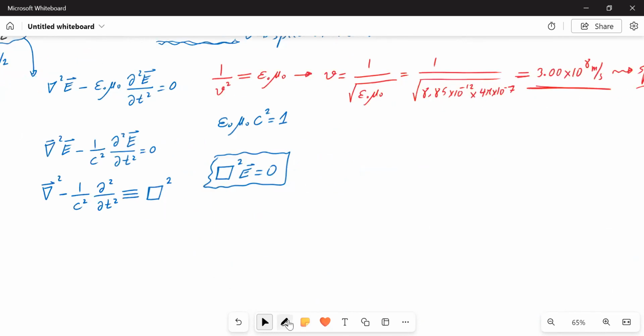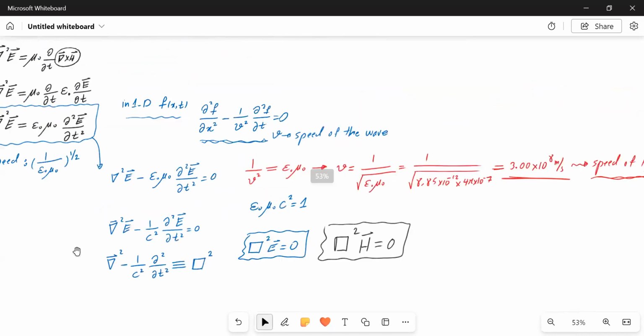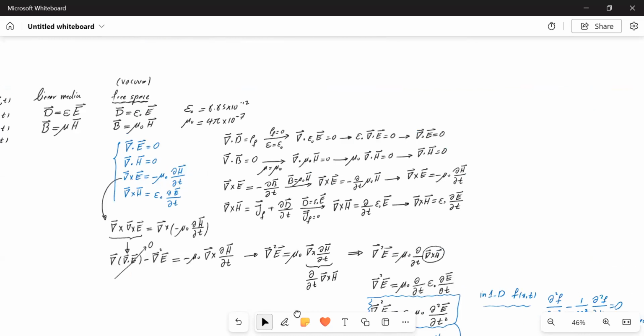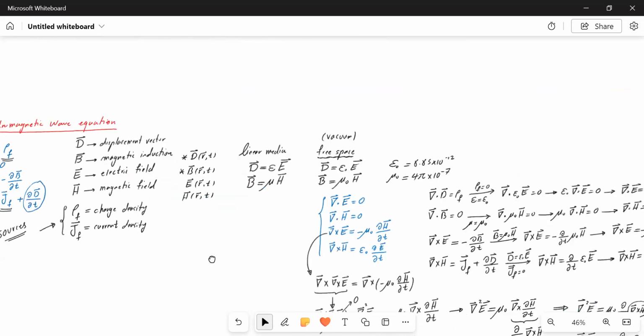That can be a separate exercise for yourself. So the magnetic field in vacuum also satisfies the wave equation. I hope you've learned how to derive the electromagnetic wave equation using Maxwell's equations.